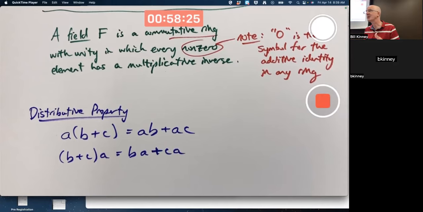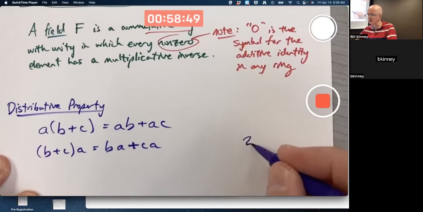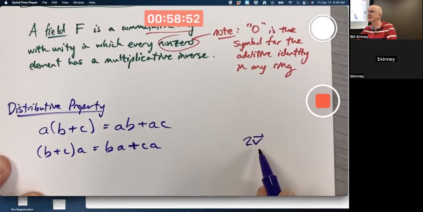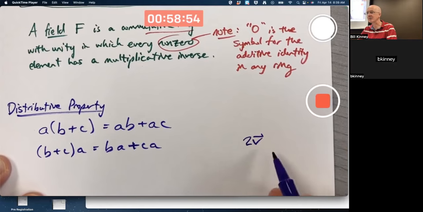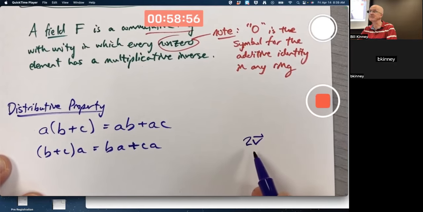When we do scalar multiplication, we're not multiplying two vectors to get another vector. We're multiplying a scalar times a vector to get another vector. That's different. It's not a binary operation in the sense we've defined it, at least. 2v, where v is a vector and 2 is a number, is a vector, and I'm multiplying them, so to speak, but it's not the multiplication of two elements from the vector space.